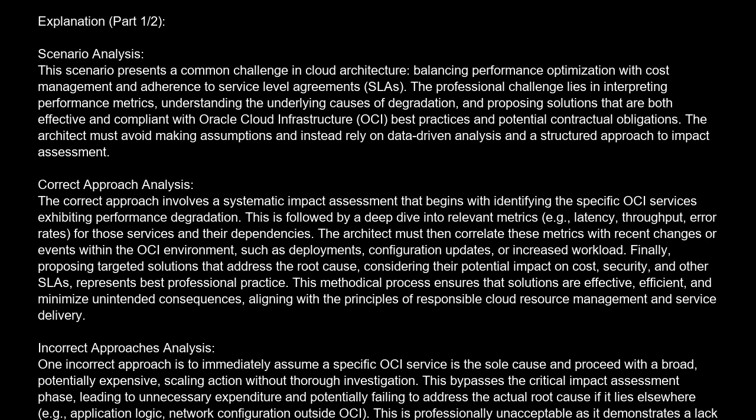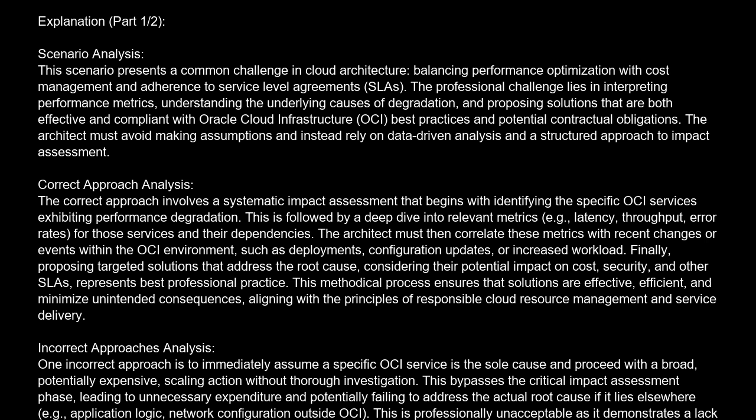Finally, proposing targeted solutions that address the root cause, considering their potential impact on cost, security, and other SLAs, represents best professional practice. This methodical process ensures that solutions are effective, efficient, and minimize unintended consequences, aligning with the principles of responsible cloud resource management and service delivery.